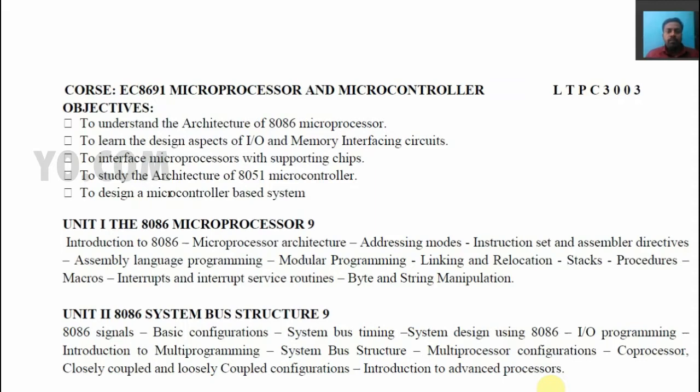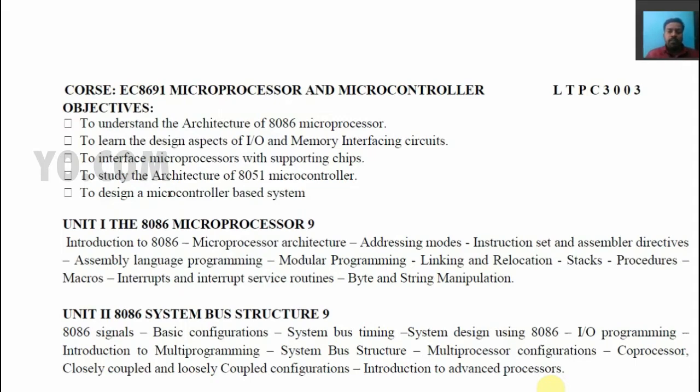That means how to design a washing machine by using a microcontroller, how to design a traffic light controller by using a microcontroller, and how to design a stepper motor interface by using the 8051 microcontroller. Okay, these are some practical examples. These examples we are going to study in this subject.